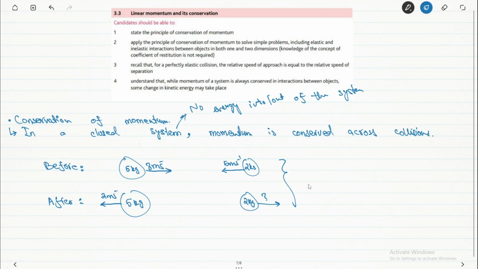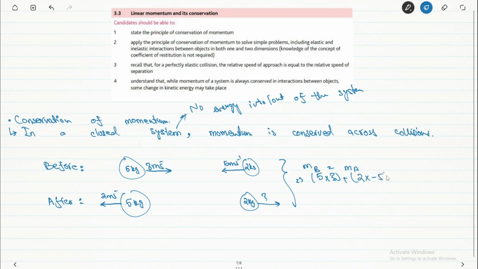So let's apply the principle of conservation of momentum to find the velocity of this particle. Momentum before is equal to momentum after. Momentum before: there are two momentums, so just add them up. 5 kg times 3 meters per second plus 2 kg multiplied by negative 5 meters per second.